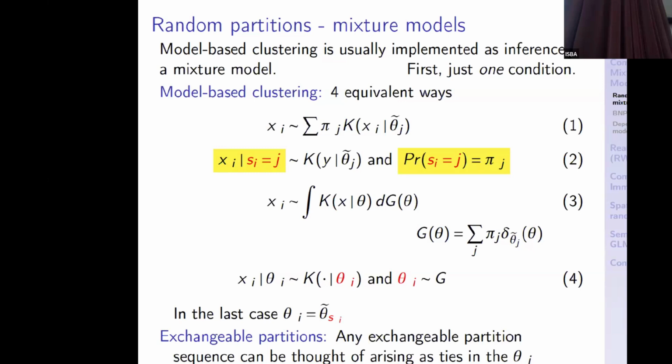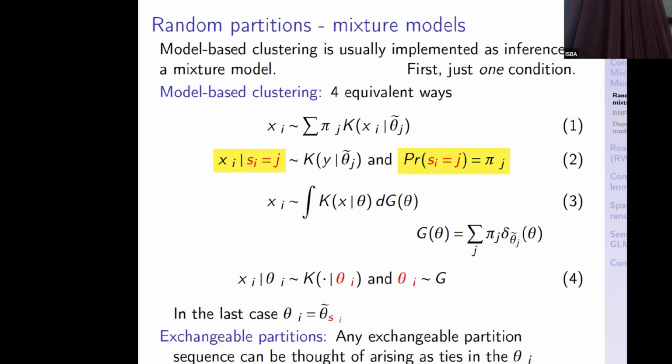So you can alternatively write the mixture model by introducing this red latent indicator. That latent indicator links patient i with cluster j. And if you interpret the red indicator as a cluster indicator, that explicitly represents the random partition.